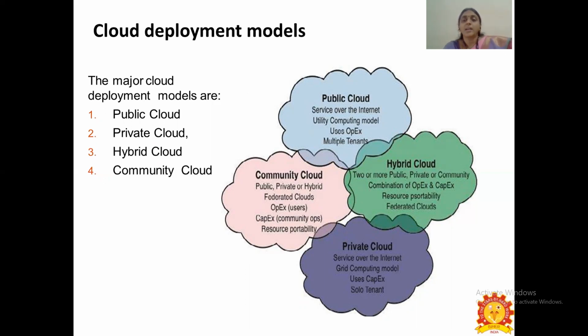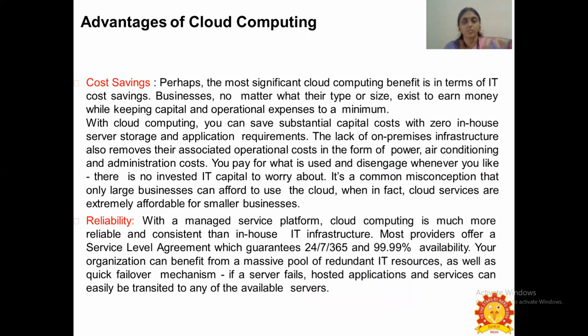The hybrid cloud combines two or more public, private, or community clouds, with a combination of OpEx and CapEx; resource portability and federated clouds belong to this hybrid cloud environment. Here is the private cloud, where the service is over the internet with a grid computing model which uses CapEx and a sole tenant. And the community cloud involves public, private, or hybrid and federated clouds, with OpEx users, CapEx community ops, and resource portability is also present in the community cloud.